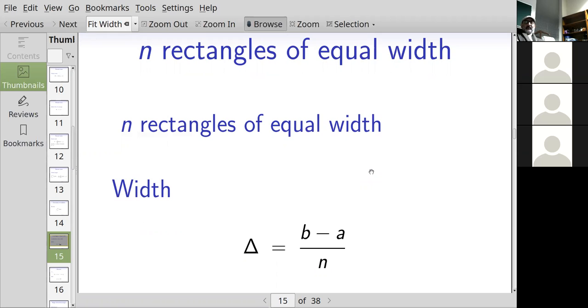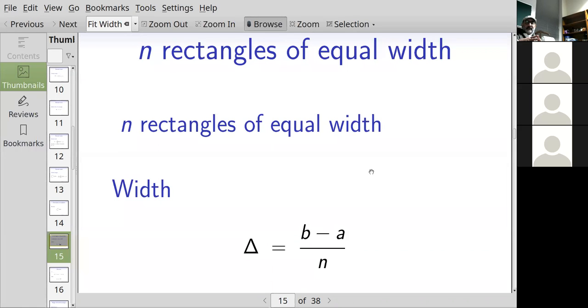You didn't have to pick your x_i in the partition that way, but it might be easier if the rectangles were of equal width. So if we're running from a to b, and there are n rectangles of the same width, then the width of each rectangle is (b minus a) over n.